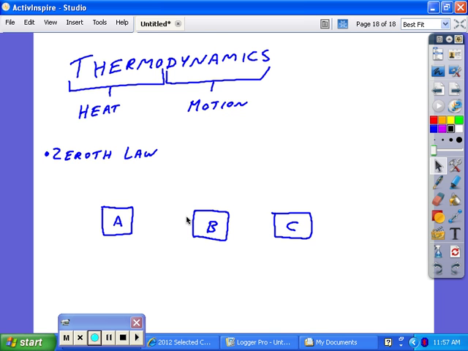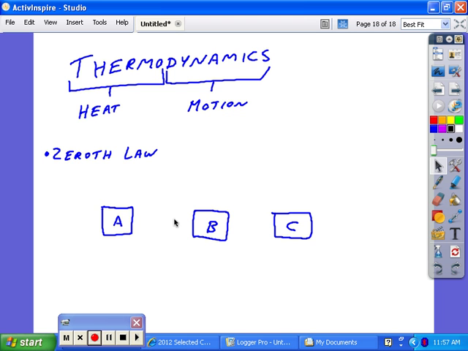That doesn't technically mean there is no heat moving. Heat may move, but what it means is as much heat is going from A to B as is going from B to A. They just mean that they're in thermal equilibrium, so whatever's leaving is also coming back in.